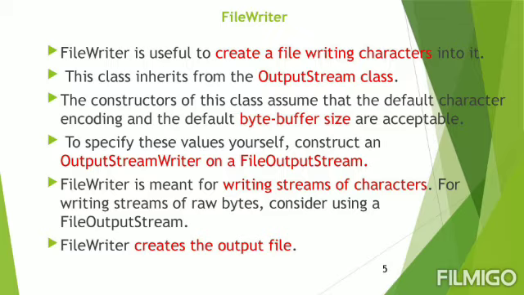The constructor of this class assumes that the default character encoding and default byte buffer size are acceptable. To specify these values, construct an OutputStreamWriter on a FileOutputStream. The FileWriter is meant for writing streams of characters. For writing a stream of raw bytes, use a FileOutputStream. The FileWriter creates the output file.